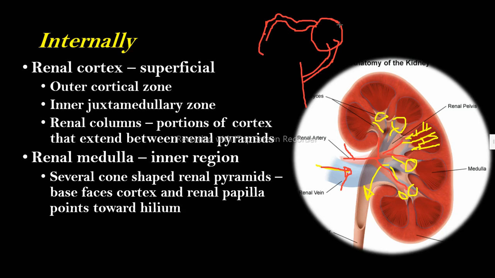Why? Because as you are filtering this blood, some useful nutrients also get filtered along, for example glucose, tiny diffusible molecules. They will also be part of the renal filtrate, the glomerular filtrate, along with sodium ions, potassium ions, and so on.